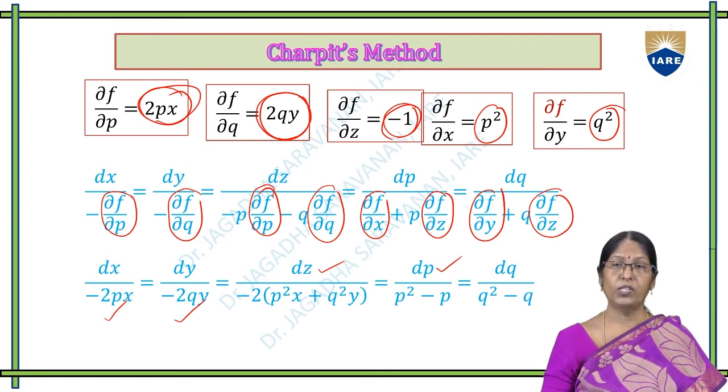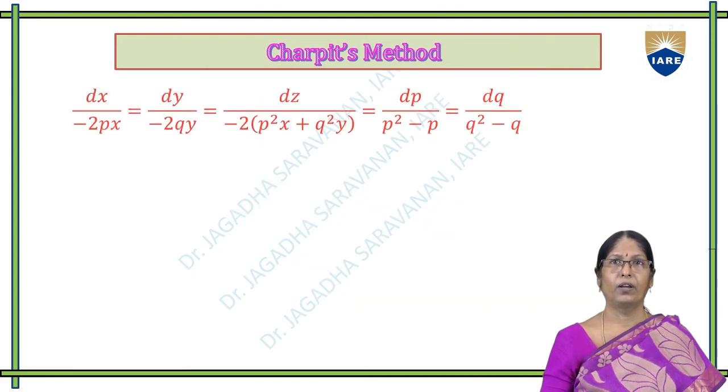Now among these five members, we have to select any two members which are easy to integrate. So the five members are ready.